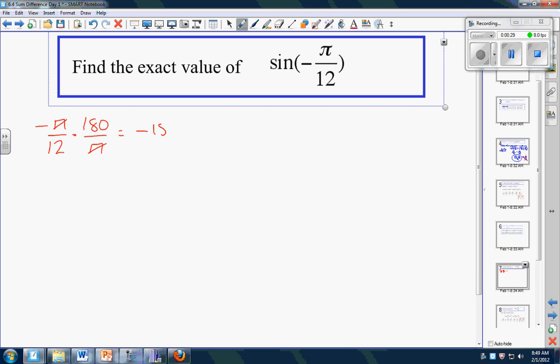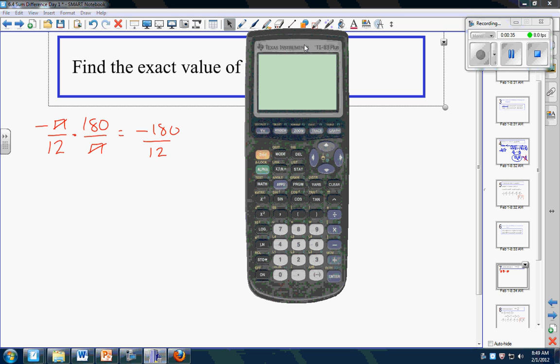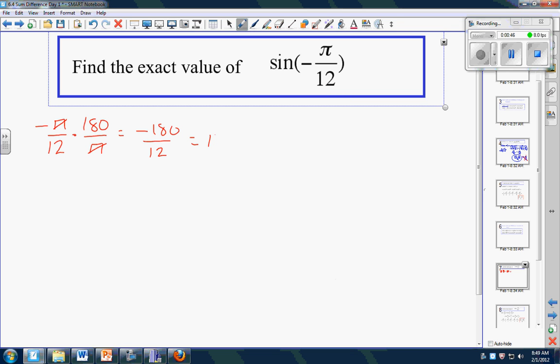Cancel, cancel. Negative 180 over 12, okay, 15 degrees. So you got to figure out some way to get to 15 degrees.